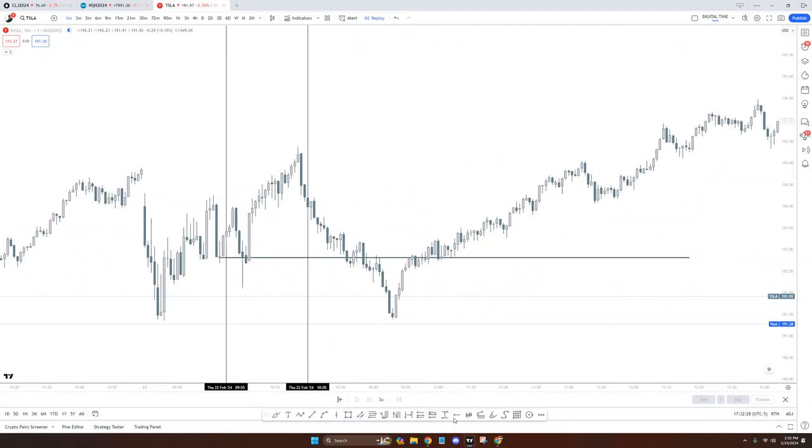Now, what do we have here? We have price going into discount of the 953. Price then pushes exactly at 10:02 towards buy side, but you still have all this engineered sell side now.